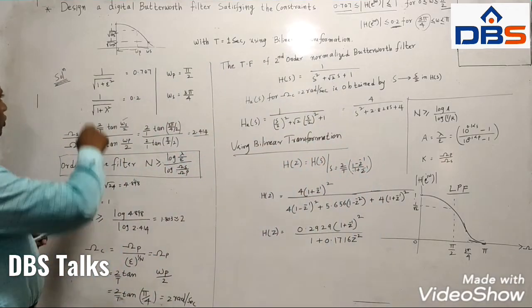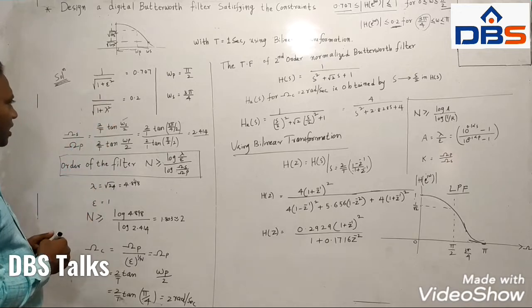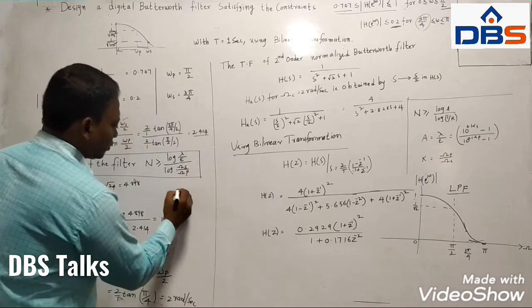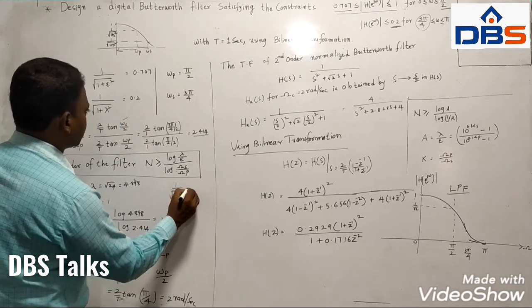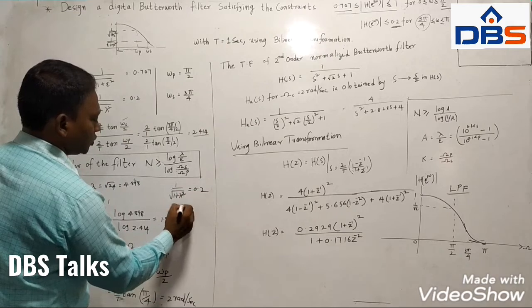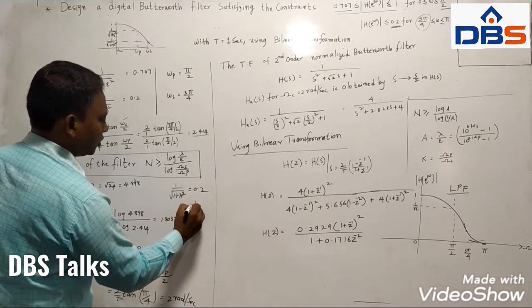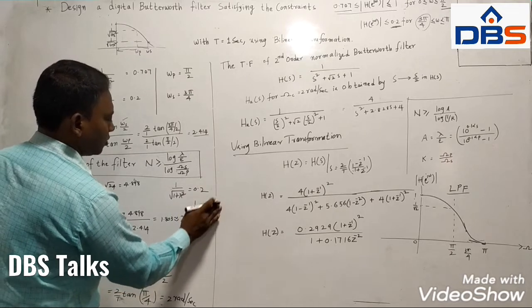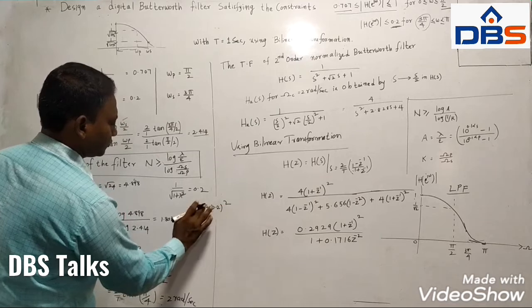So to get what epsilon and lambda are, see here: 1 by under root 1 plus lambda square is equal to 0.2. If you take the square on both sides, what you will get is 1 by 1 plus lambda square is equal to 0.2 whole square.